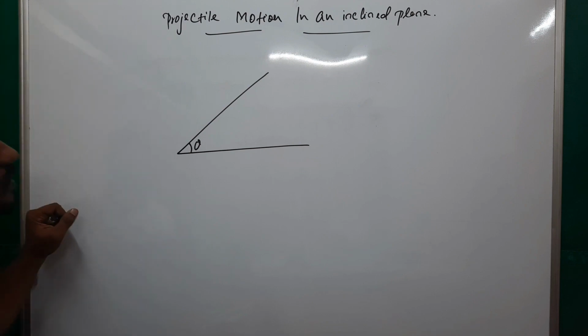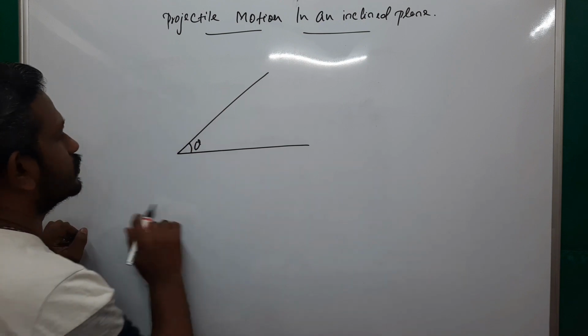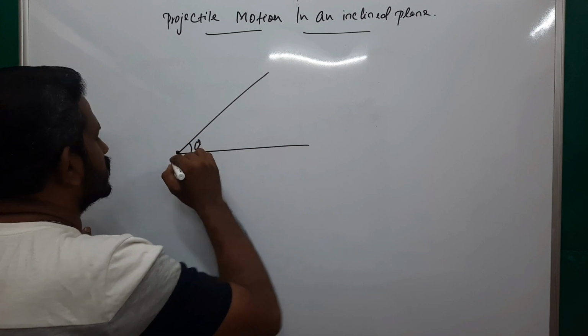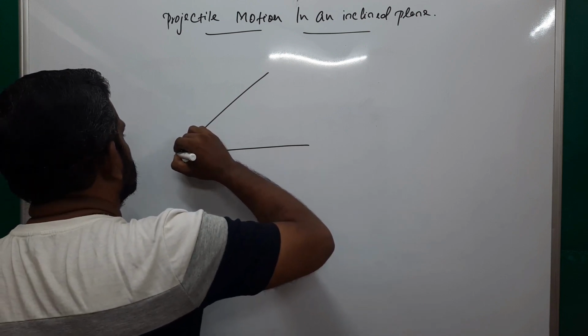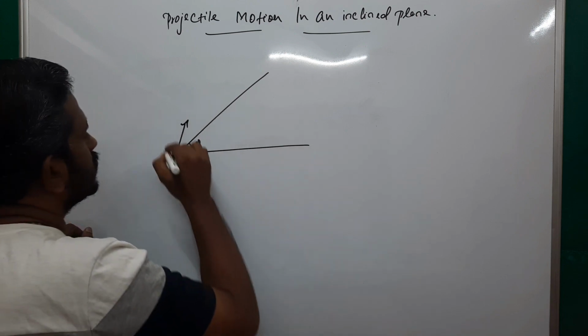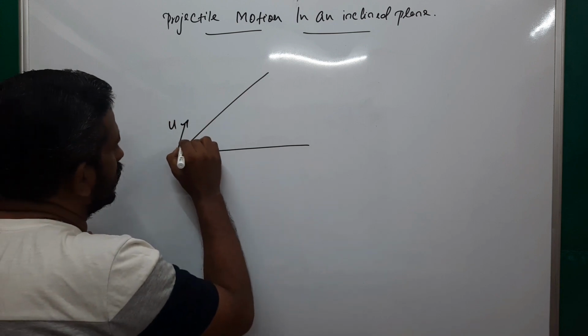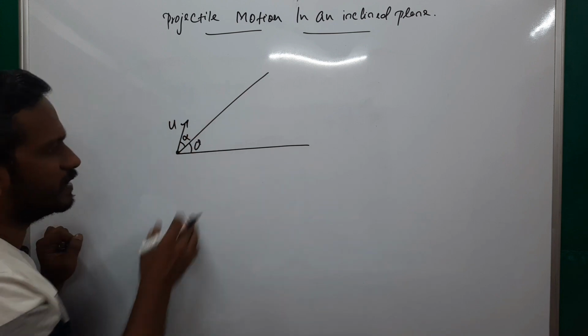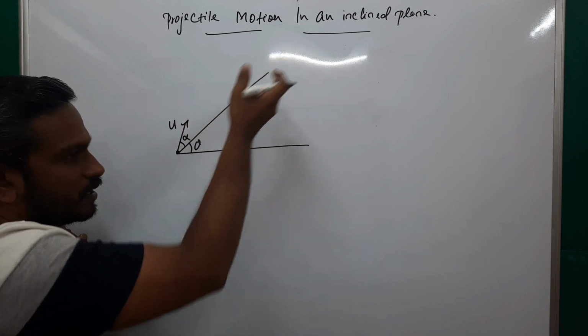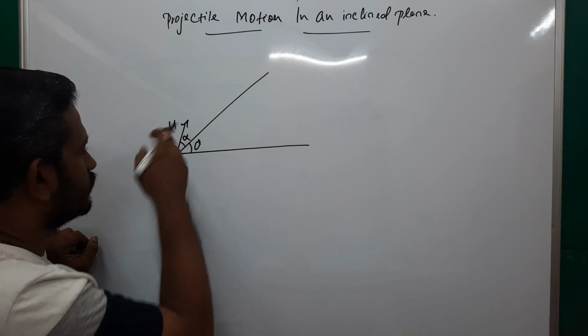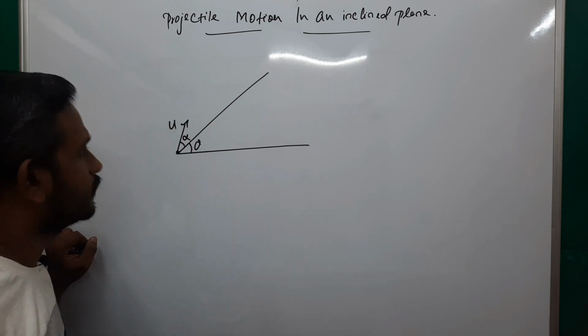In this, two types of projectile motion we have to discuss. Suppose the first case: one projectile is here, which is projected with initial velocity u at an angle alpha. Since the inclined plane makes an angle theta, that's why we are taking this angle as alpha.